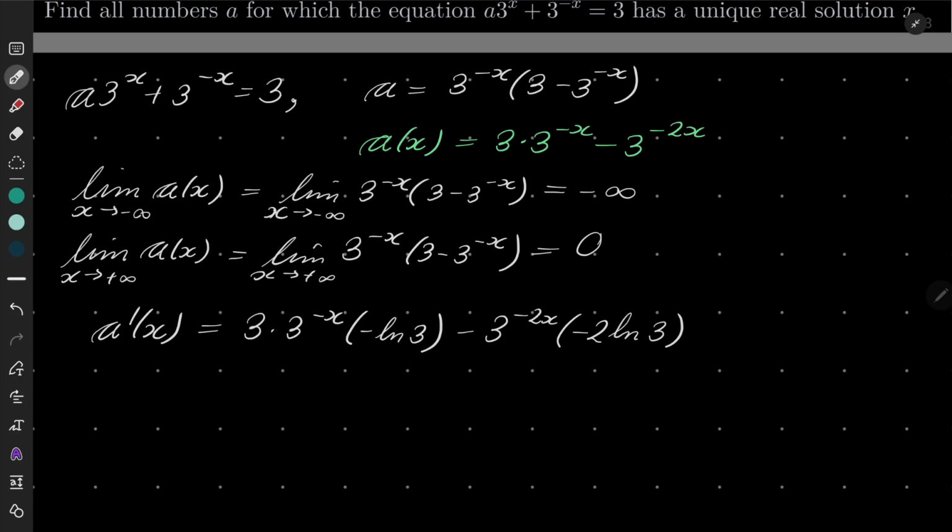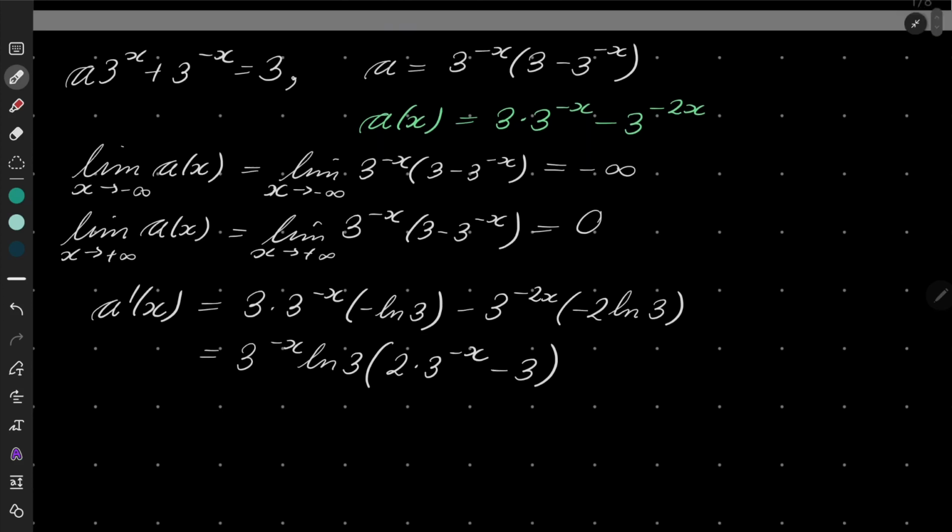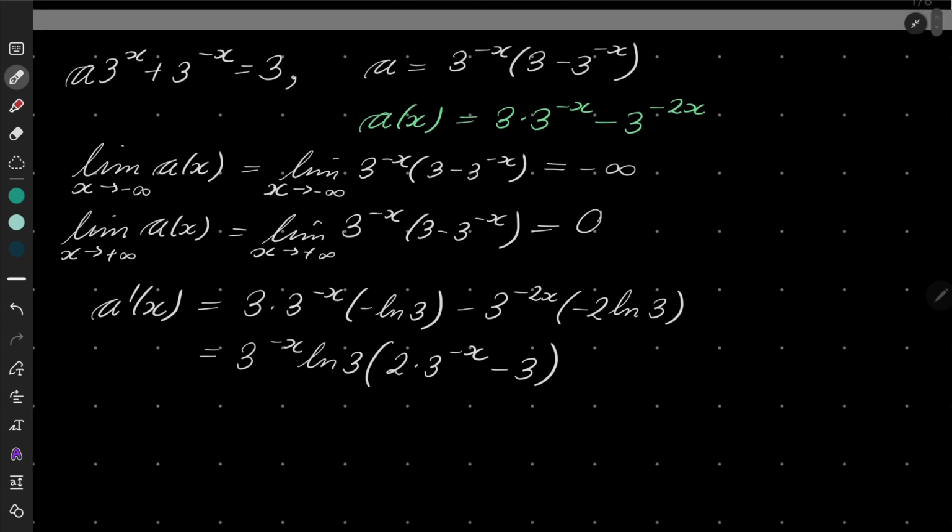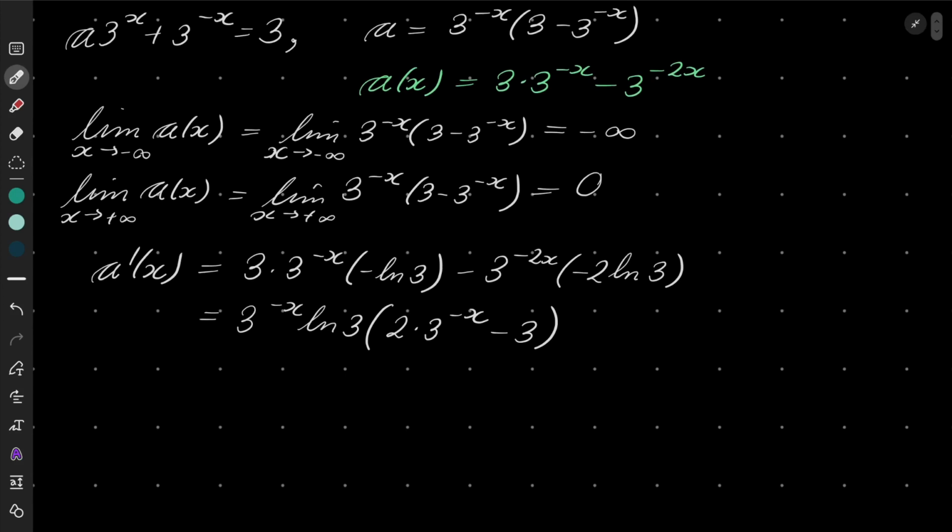Okay, and now let's put 3 to the minus x natural log of 3 in front, and what's remaining is 2 times 3 to the power minus x minus 3. And now let's see what's the sign of the derivative.